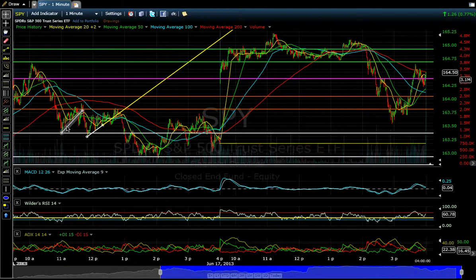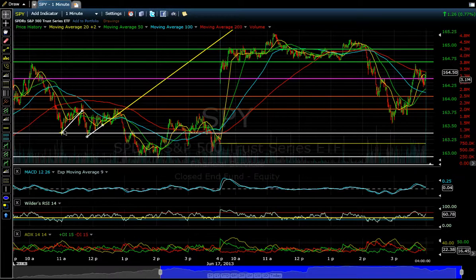I made an uptrend line because I noticed a pattern of the stock making higher highs. So what I usually do is, for a trend line, I normally look for 3 touches of a trend line in order to call it a trend line, you know, an uptrend line or a downtrend line. So I look for 3 touches at least, and I got that here.